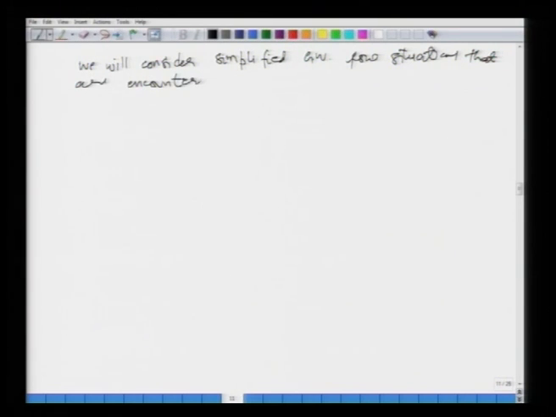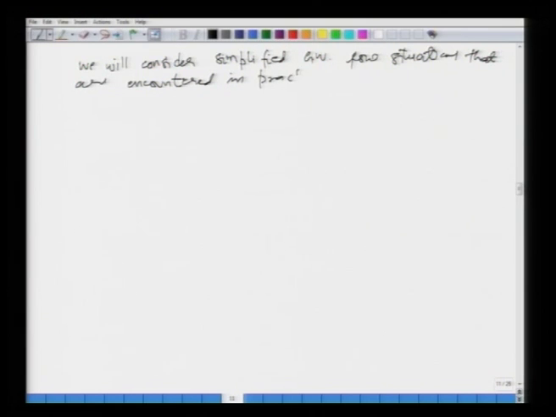So, now we will consider simplified groundwater flow situations, situations or problems that are encountered in practice.